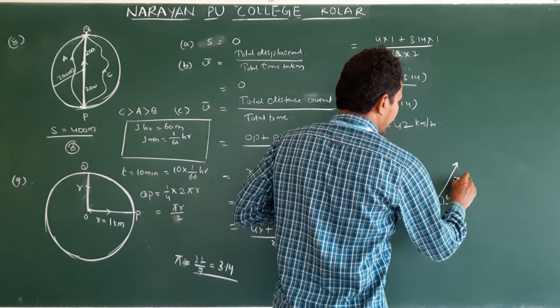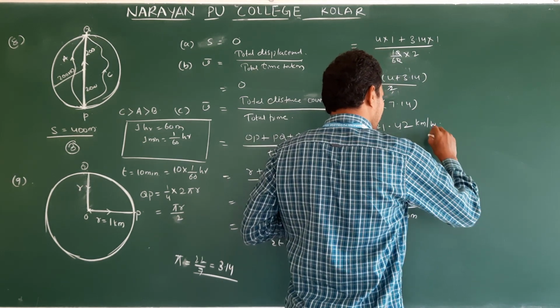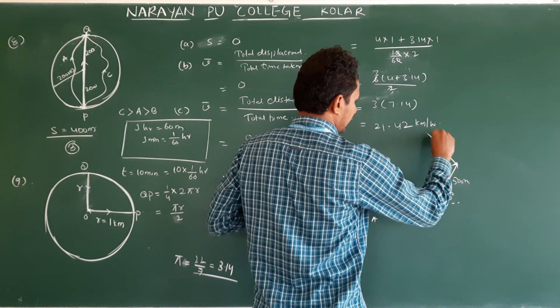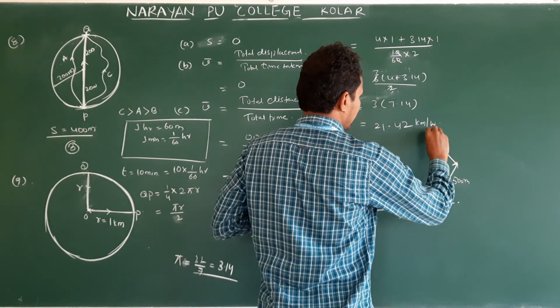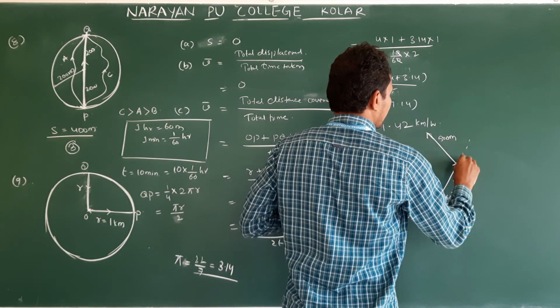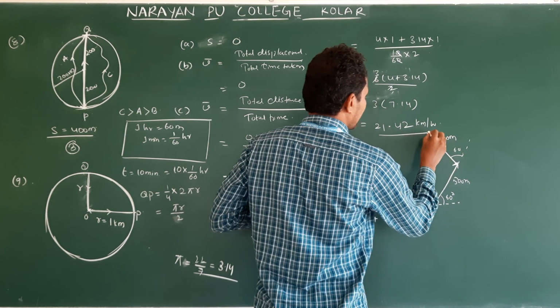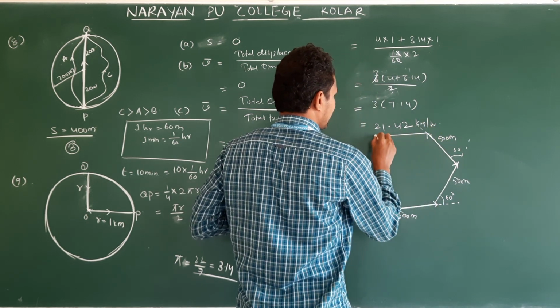Again this is 500 meters. After this, again he turns to the left like this. Clear? Again he travels 500 meters. Again 60, like that. Again here 60.